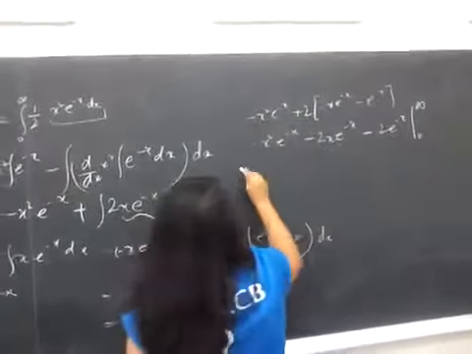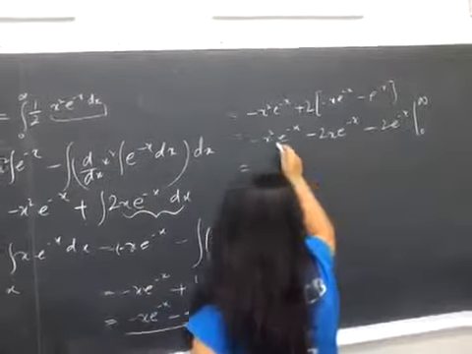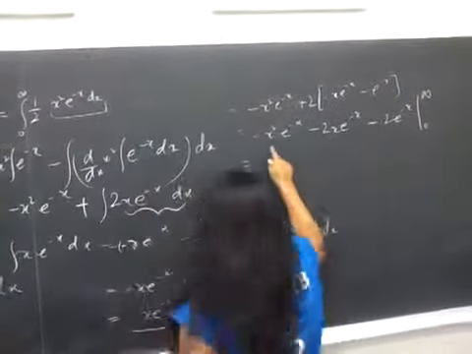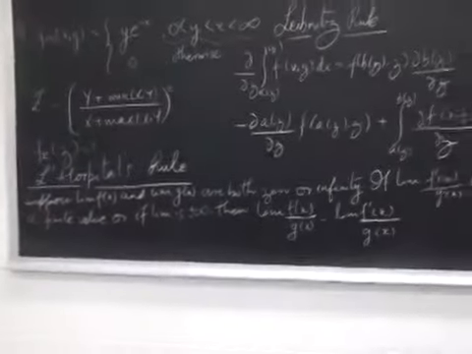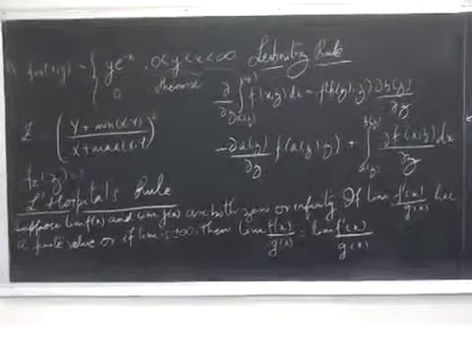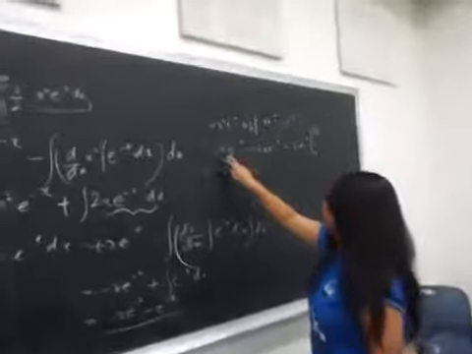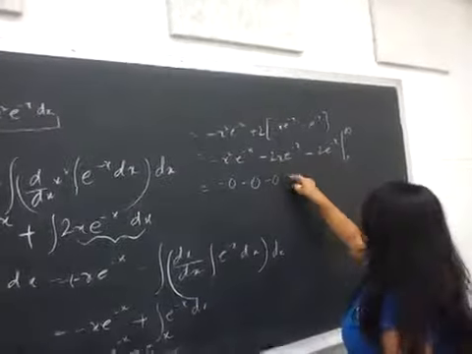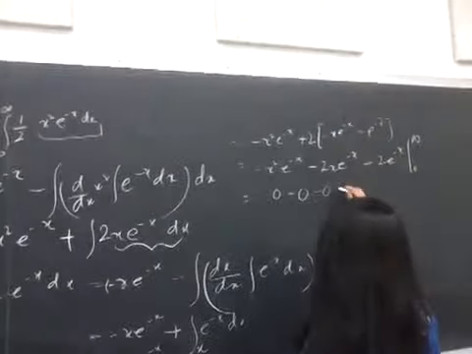If I put in infinity here, of course I cannot do it directly, so I'm going to apply L'Hopital's rule written right there. So this comes out to be 0, this comes out to be 0, and this comes out to be 0. I've differentiated the minus x squared term twice, this term once, and there's no need to differentiate the last one.